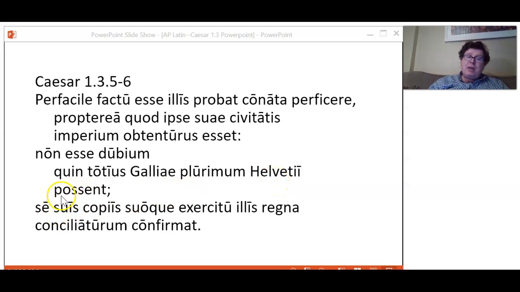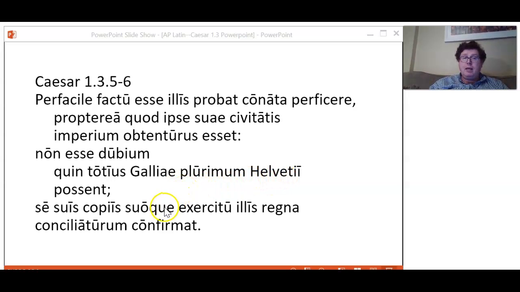Now, we have this pollent in here where we said, where's my complementary infinitive? Well, sometimes, once out of every 20 times, possum is used on its own without a complementary infinitive. And here going with plurimum, we can translate as the most powerful, the most capable. So there is no doubt that the Helvetii are the most powerful of all Gaul.